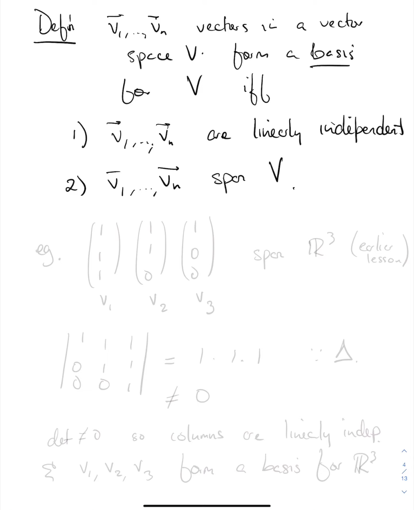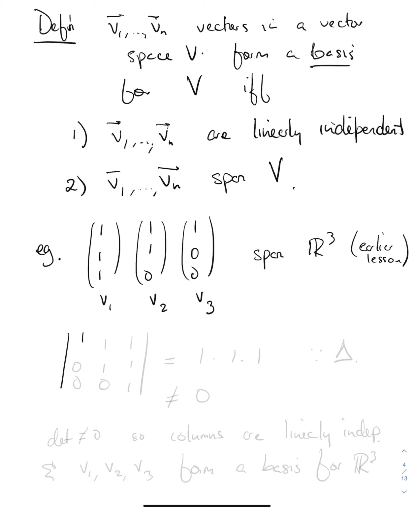Let's do a quick example. Example: (1, 1, 1), (1, 1, 0), (1, 0, 0). We're going to call these vectors v1, v2, and v3. From a previous lesson, we know that these span R3. As in, every vector in R3 can be expressed as a linear combination of v1, v2, and v3. Knowing what we know now, we can also bring in the idea of the determinant to this discussion.